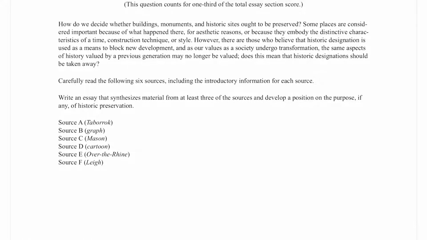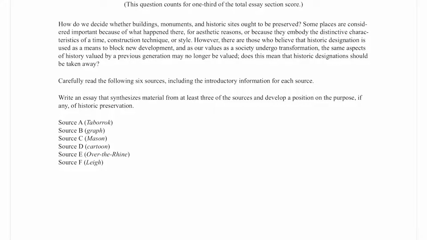Here's what it says. How do we decide whether buildings, monuments, and historic sites ought to be preserved? Okay, so that's the question that they're starting out with. How do I figure out what I'm going to preserve? Some places are considered important because of what happened there, for aesthetic reasons, or because they embody the distinctive characteristics of a time, construction technique, or style.